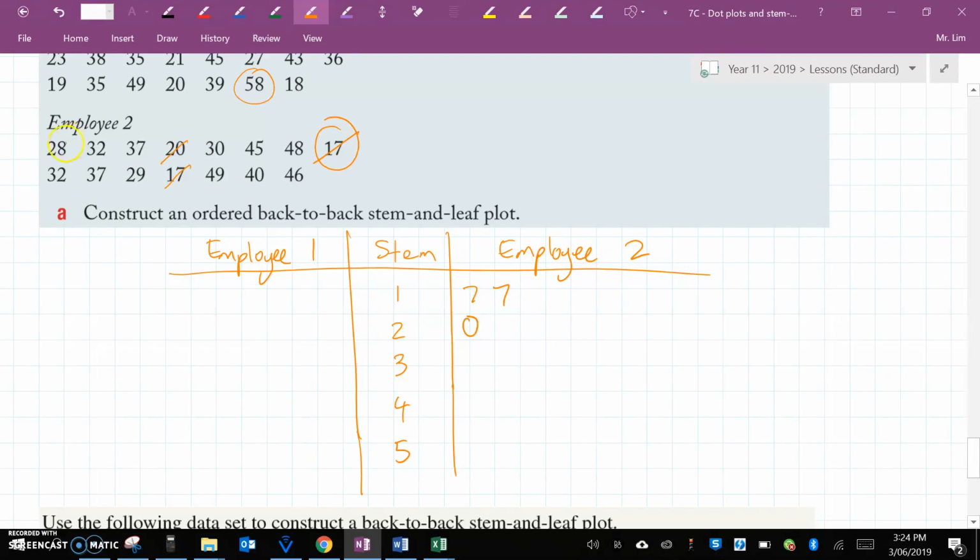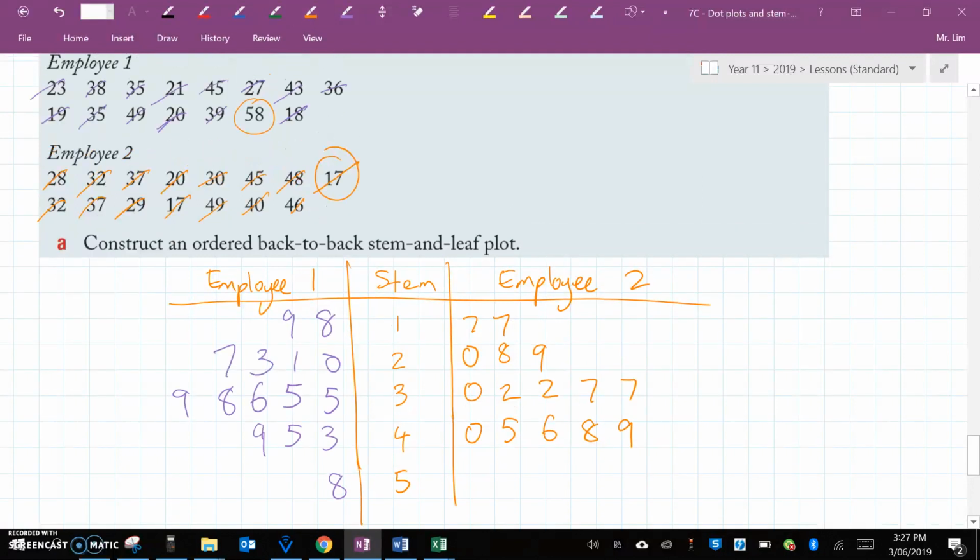We have a 28 and 29, so 8 and 9. 30s, we have 0, 2, 2, 7 and 7. 40s, we have 0, 5, 6, 8, 9. And employee 1s are recorded here.